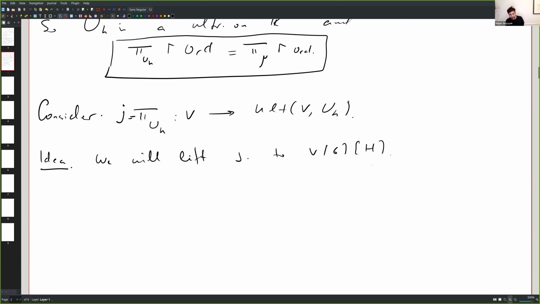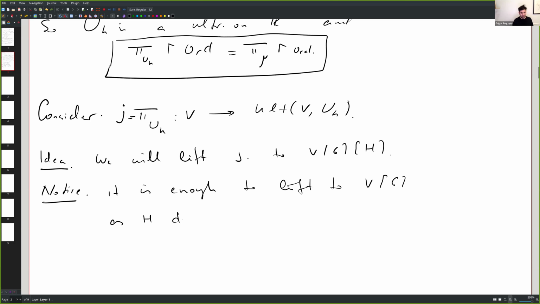I think it's actually enough to just lift to V[G], because H does not add subsets of omega 1.